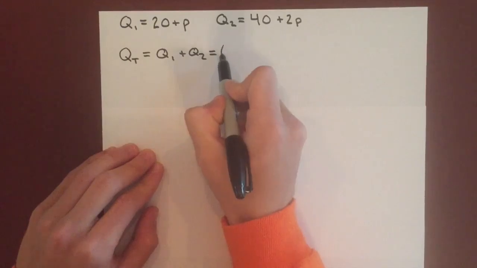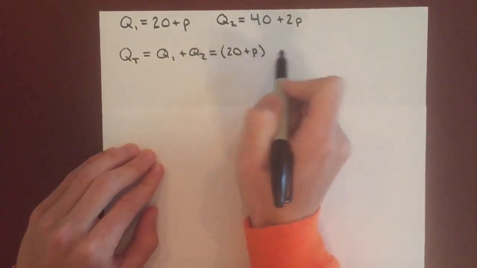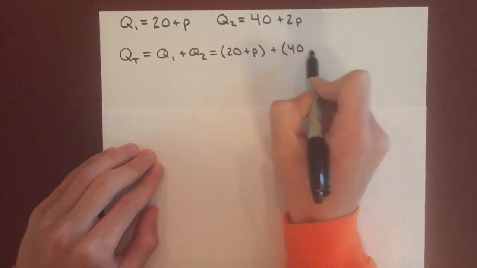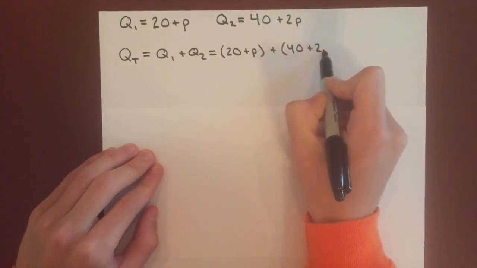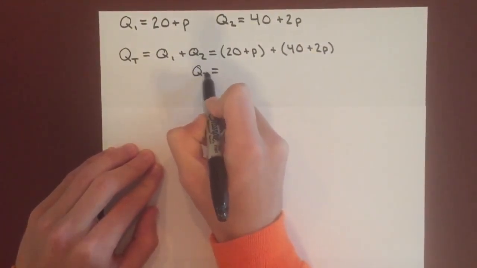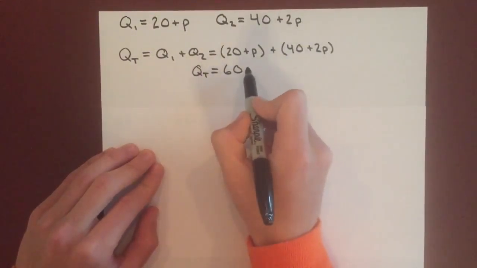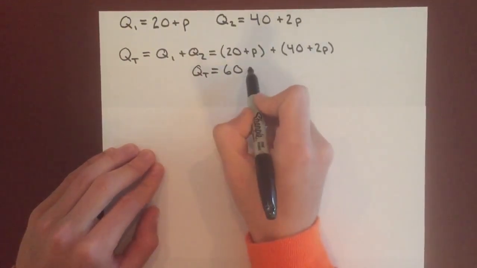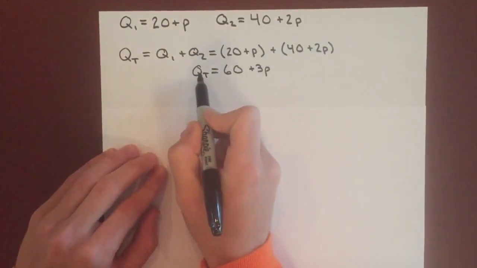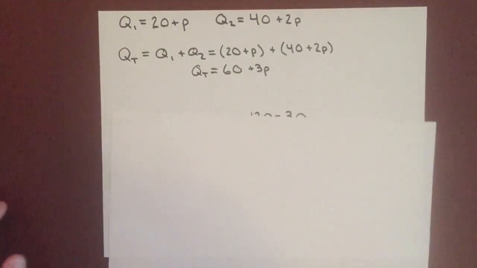So Q1 equals 20 plus P, and then we add Q2 to that, which is 40 plus 2P, and we get Q total equals 60, 20 plus 40, plus P plus 2P, so that's plus 3P. So the total supply for this market will be 60 plus 3P.